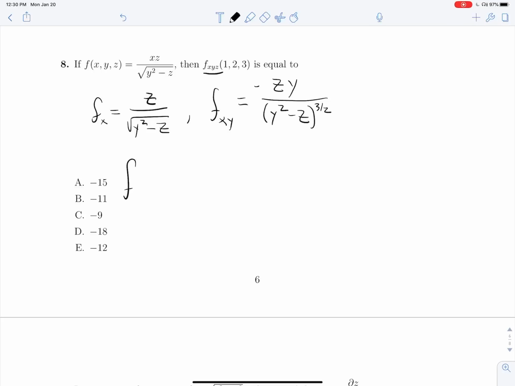And then finally, f_xyz is just the derivative of this with respect to z. We're going to have to use the quotient rule.